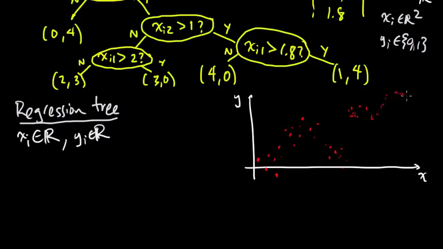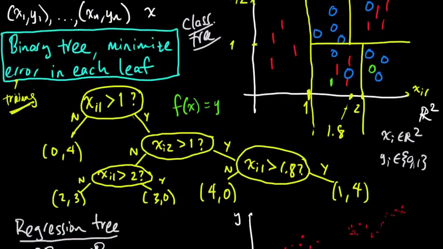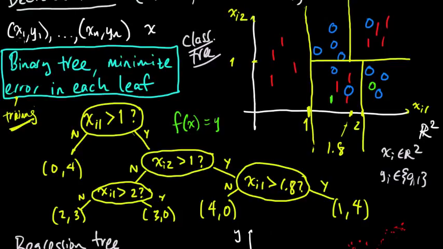So maybe this is our data. Each of these points is an x in our training data. Remember, we have our training data sequence, so each point has an x and a y.